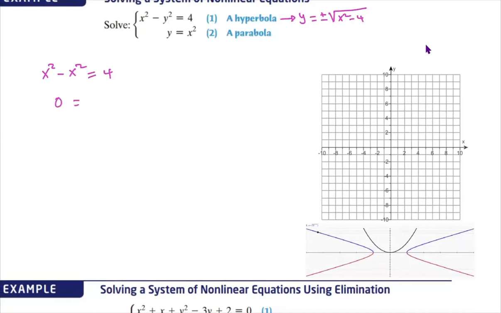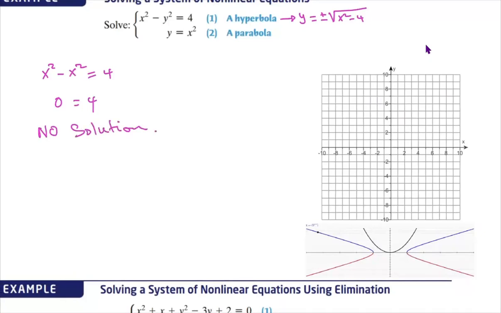That's 0 equals 4. So what do you see? This equation has no solution, because this is not true. 0 can't be 4. So no solution.